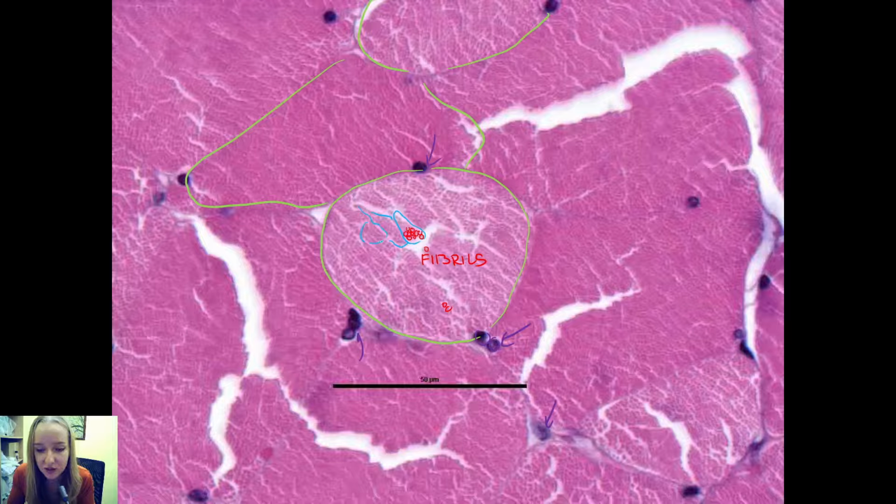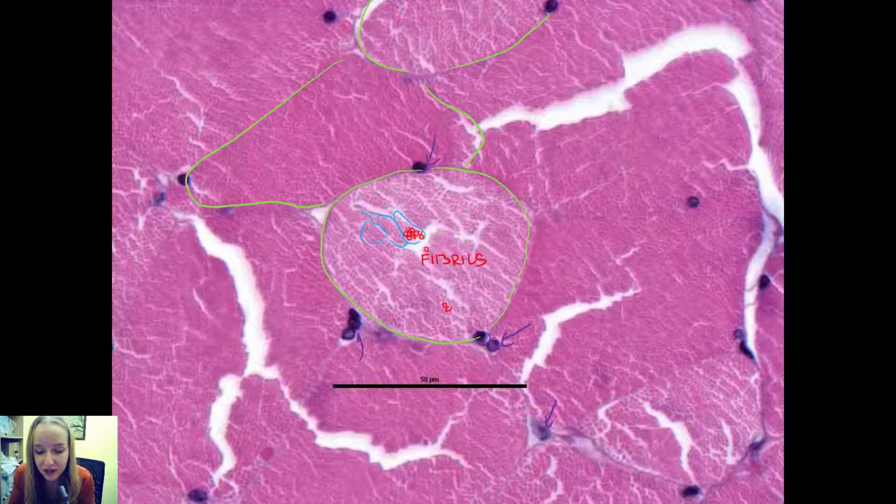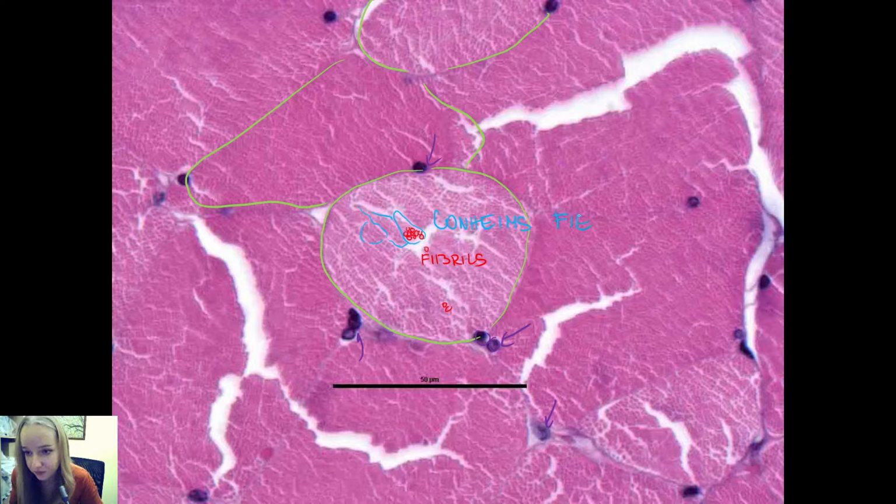You can see there is more cytoplasm between these bundles of myofibrils right here. So it's arranged into fields, and these fields are called Cohnheim's fields. Sometimes you can read about them in some textbooks, so I'm just writing it down, Cohnheim's fields.